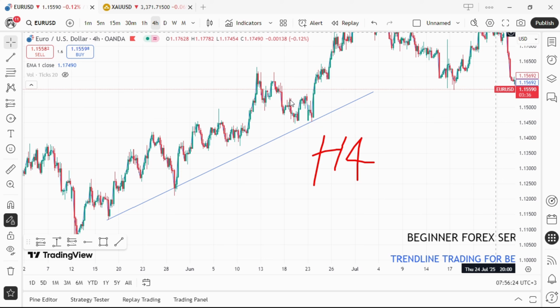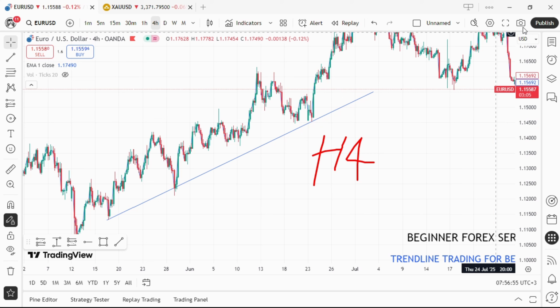So if you're going to do trend line trading, trade on H4 or H1. For H4, yes, it might take a while, but the setups will eventually come. Even H1 works. You'll have more trades on H1 than H4, but on H4 the trend lines are stronger. If you get a trend and you mark it, they are stronger compared to H1.